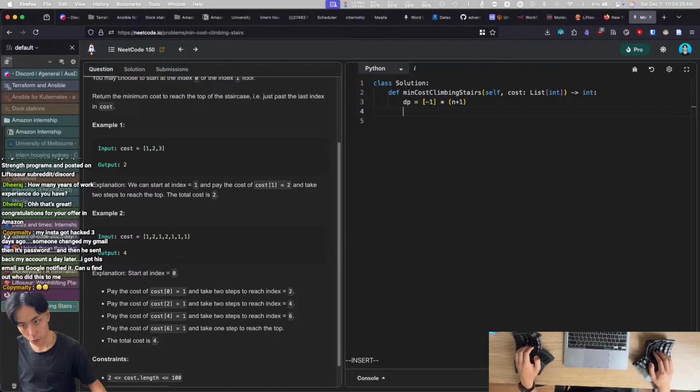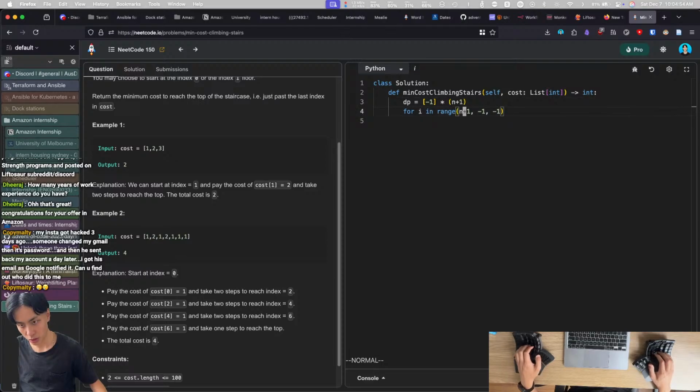we can start from the very top of the DP, so we're going to go for i in range of n plus 1, minus 1, minus 1.